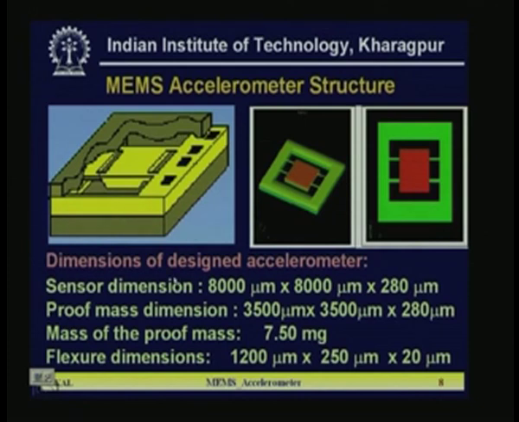So there the dimensions were chosen now, and the sensor dimensions, again how do you select that? In this particular case, obviously the sensitivity also depends on the weight of the probe mass. So the mass has to be more, so that you will get higher sensitivity. At the same time, over the flexure there will be wiring.